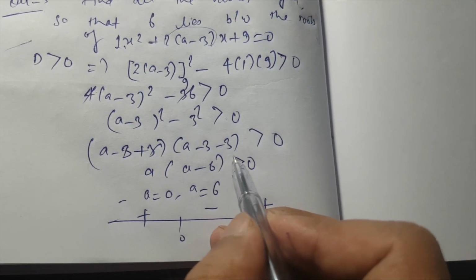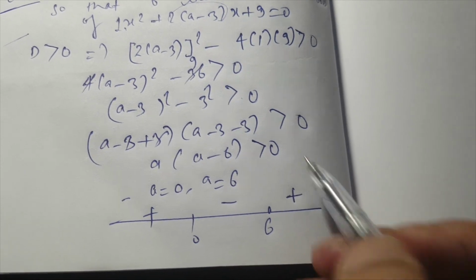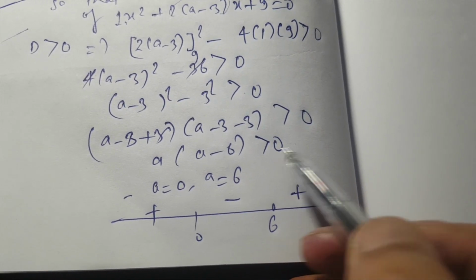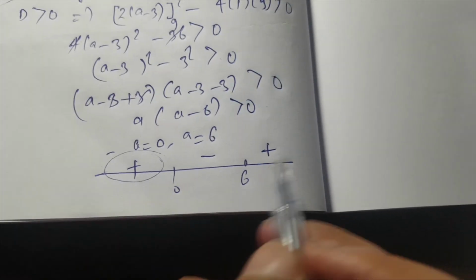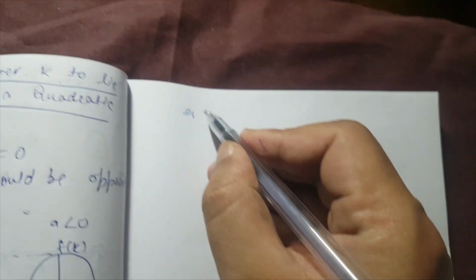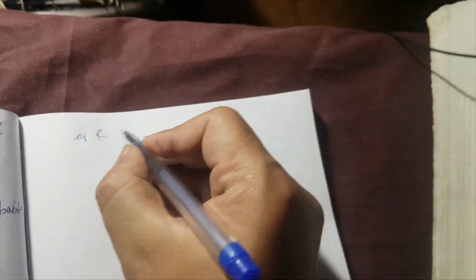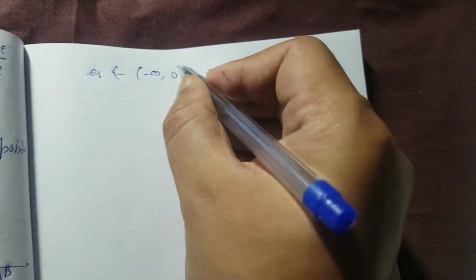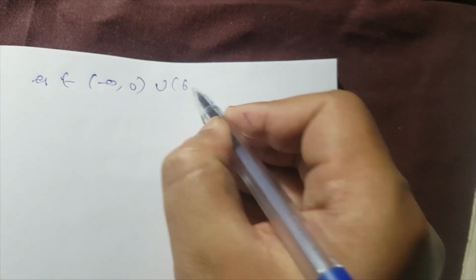Since this is greater than 0, we are interested in the positive side. So the solution will lie between here and here, which is our a, and a will belong to minus infinity to 0, union 6 to infinity.